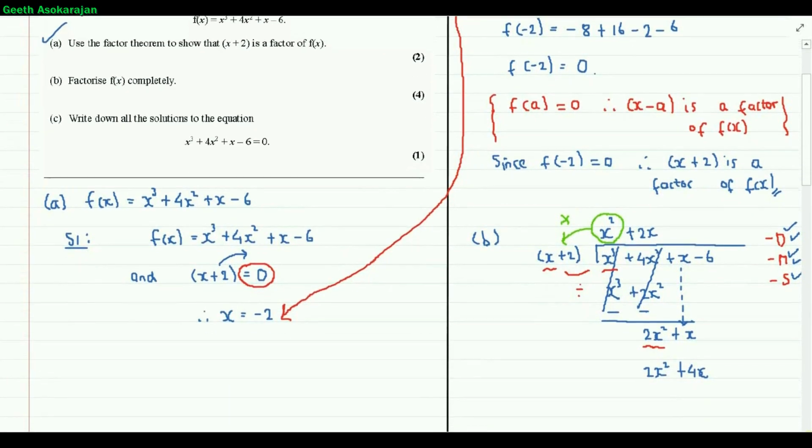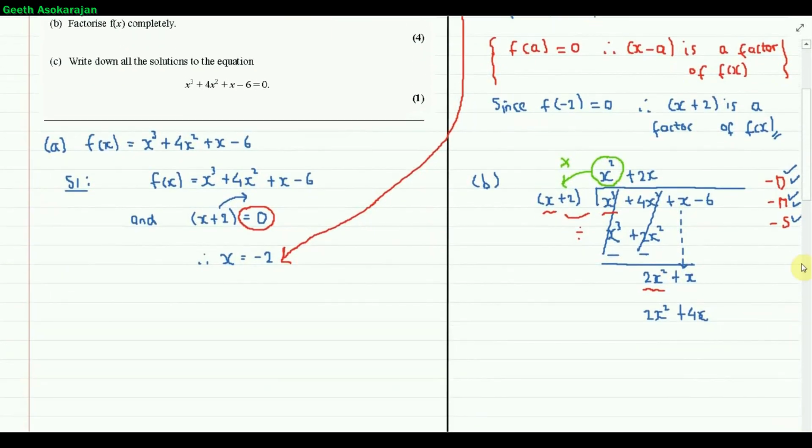So this is what we have at the moment. The next step is subtraction. As we've seen earlier, we only change or reverse the signs of the bottom two terms. So this plus here, let's reverse it to minus.